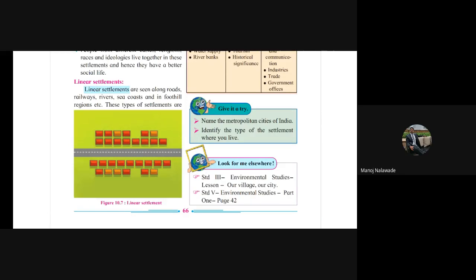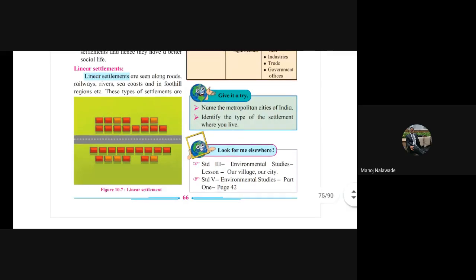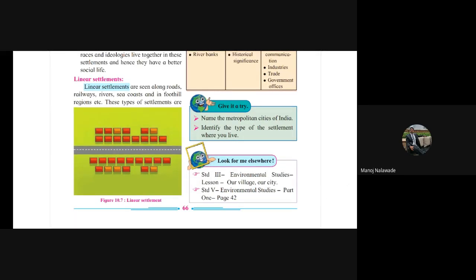So basically, linear settlements. You can see here linear settlements. There is a highway going, and around that highway, on both sides, left and right, there are some settlements. Linear settlements are seen along roads, railways, rivers, sea coasts, and in foothill regions.